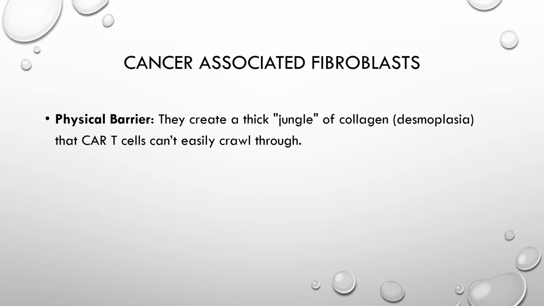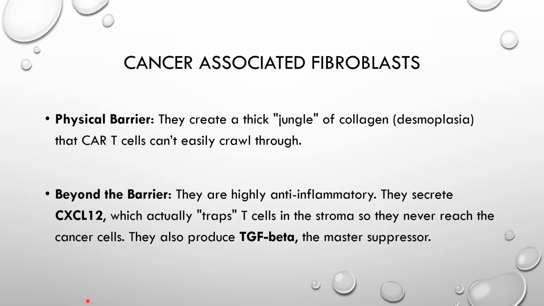They are derived from mesenchymal stromal cells, and by their characteristics, they have anti-inflammatory properties, and they secrete collagen and components that mean that the CAR T cells can't actually physically get to the tumors.